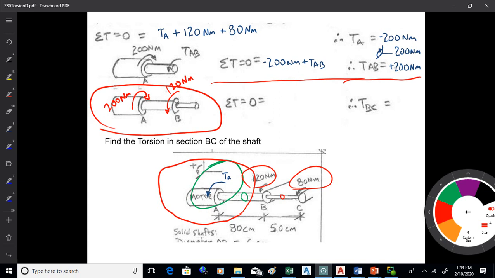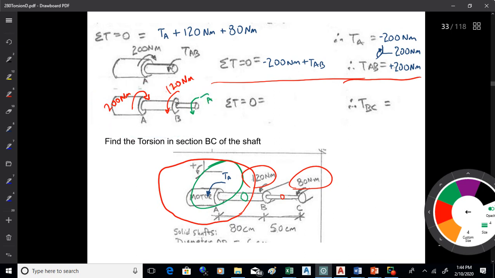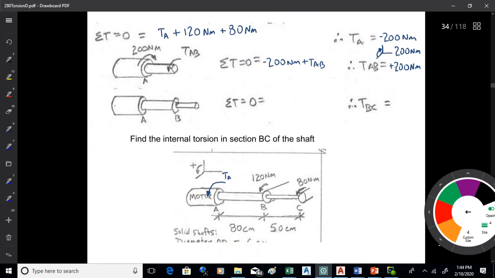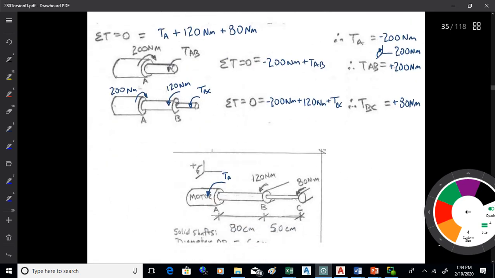And solve that equation out, and what you're after is the internal torsion right there that we'll call TAB, or TBC, I'm sorry, TBC.